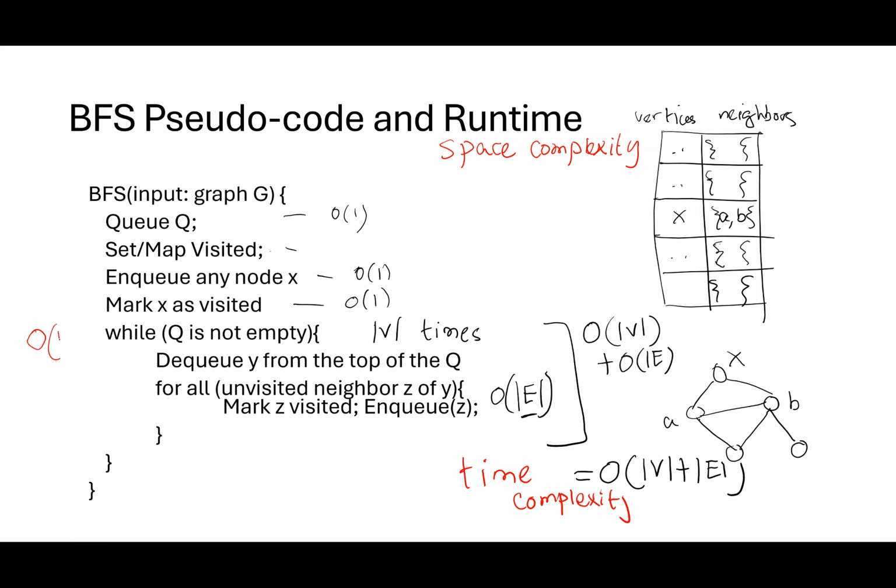So it might be order of v, the size of the queue. Also, this visited set will contain v nodes, right? So order of v plus order of v, that means the space complexity is going to be order of v.